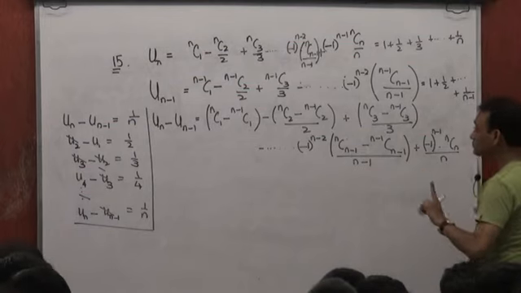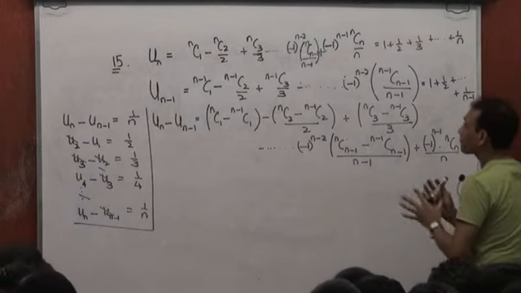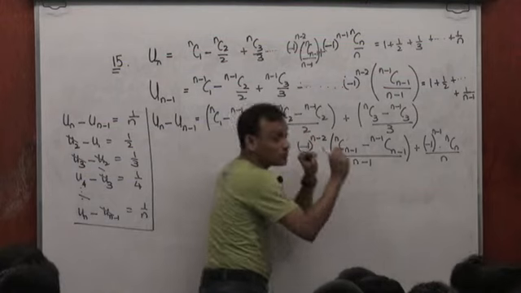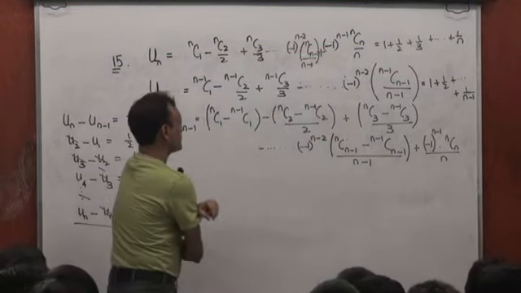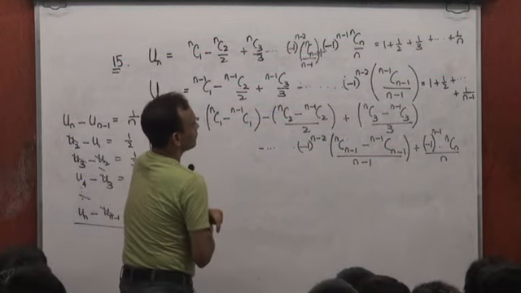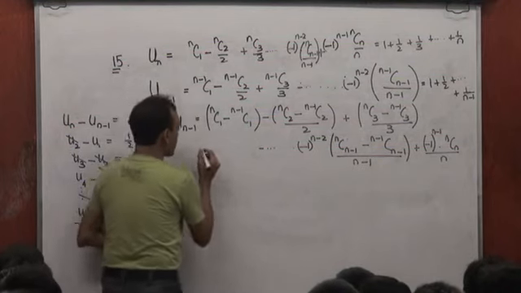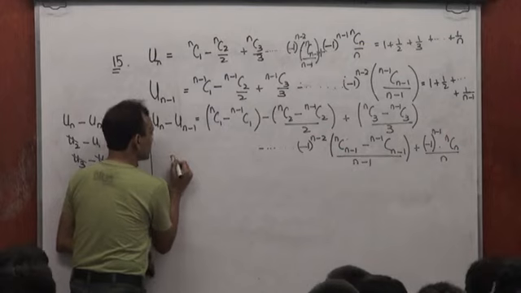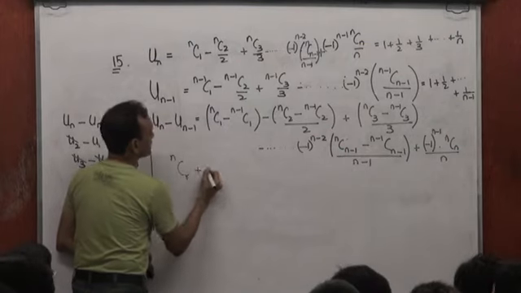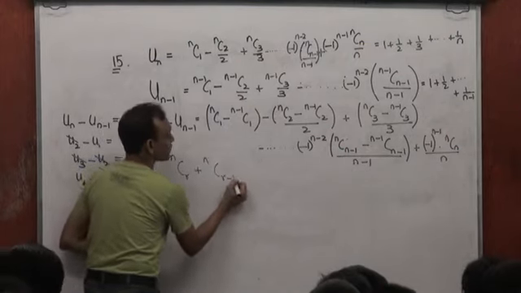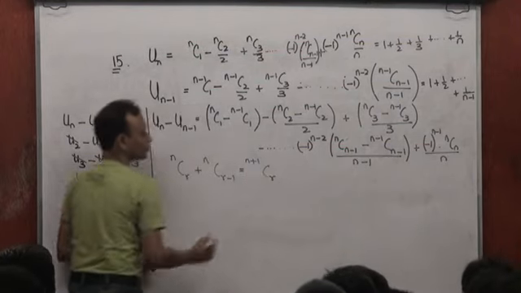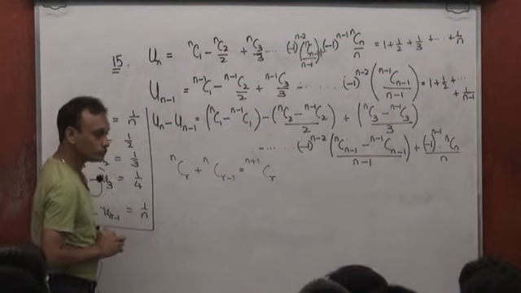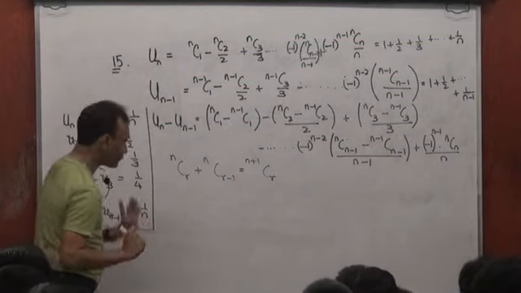Now, I'll just do one more step and then leave you independent with the problem. See, one of the results that I told you, nCr plus nC r minus 1, that's equal to n plus 1 Cr, yes or no? Yes or no?